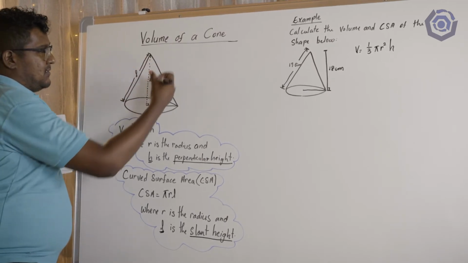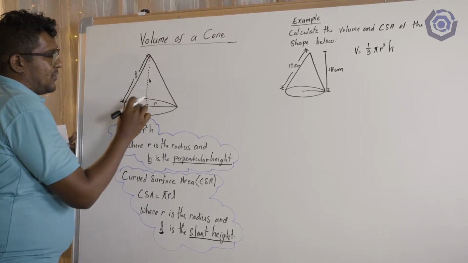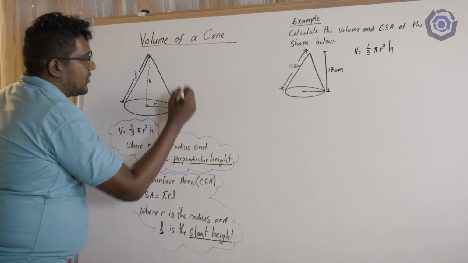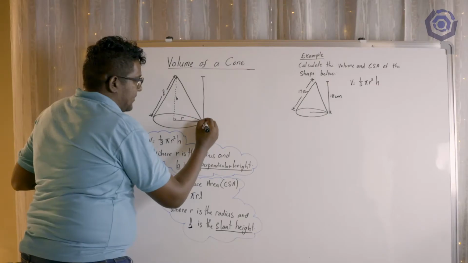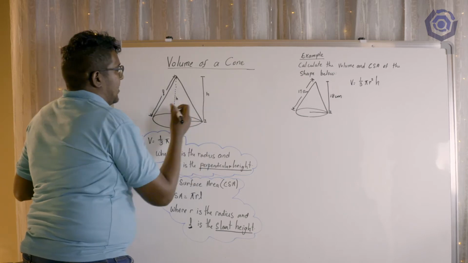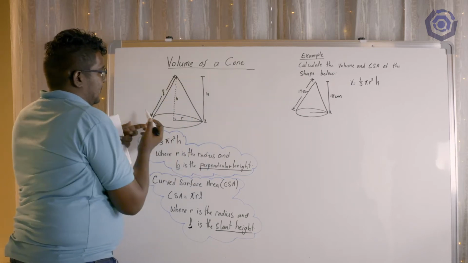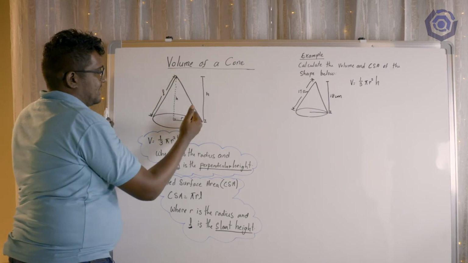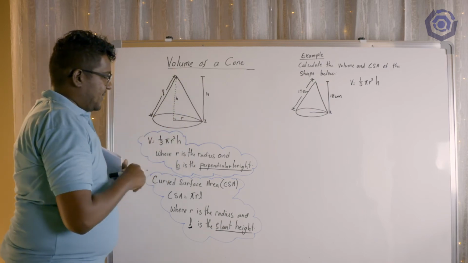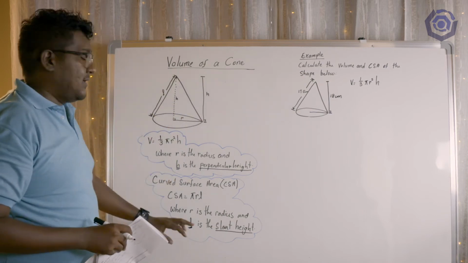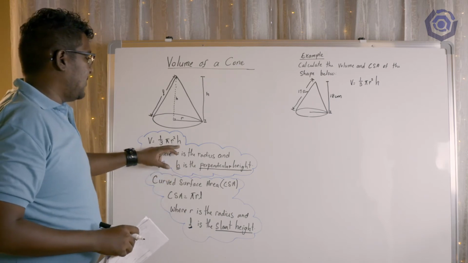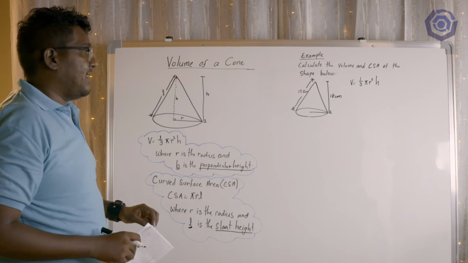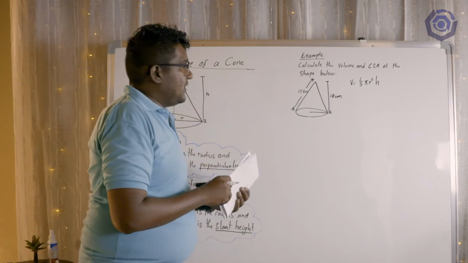Just remember, you could either get the perpendicular height inside, or if they gave it out here, this is h. And the one that's slant, which would be the length of one of these slant sides, is L. So we have h and we have L. Very important when you're using the formula to note when we have to use h and when we have to use L.